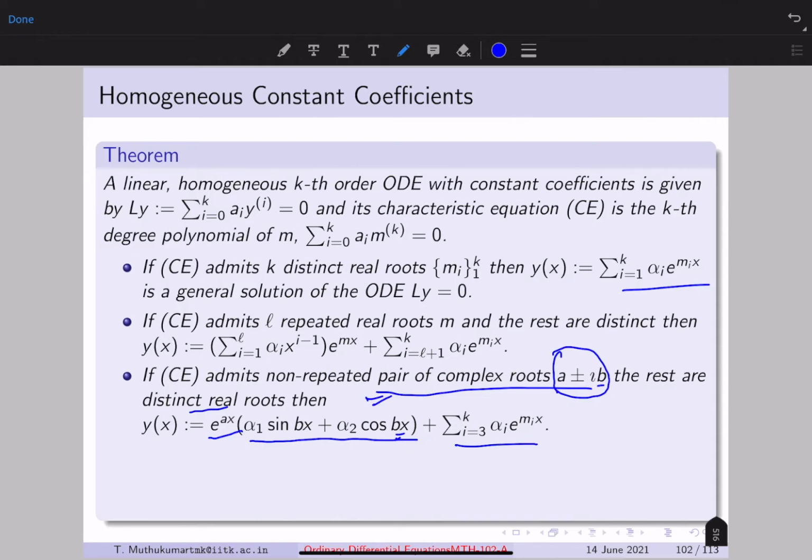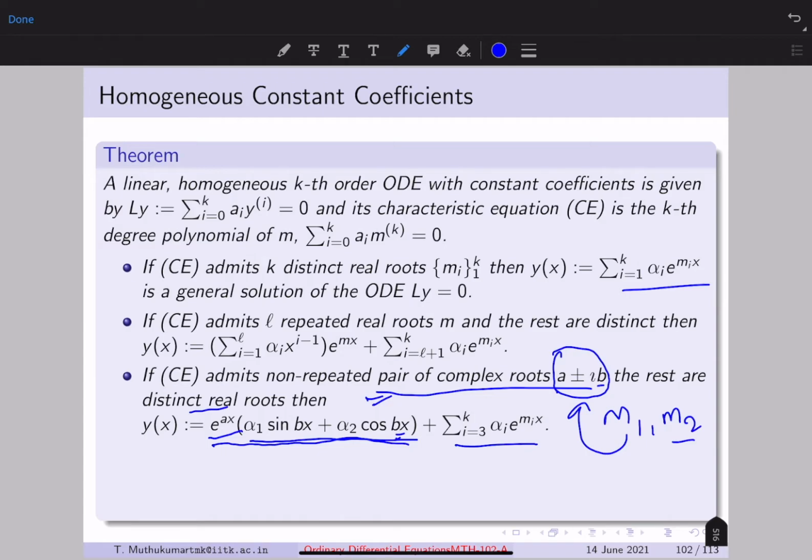You can always rearrange such that the non-repeated pair of complex roots are m1, m2. So let's say if m1 and m2 are precisely these, that is conjugate, m1 is a plus ib, m2 is a minus ib, then that gives you this expression and linear combination.